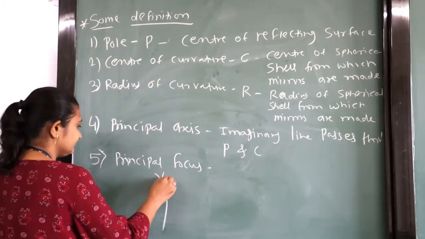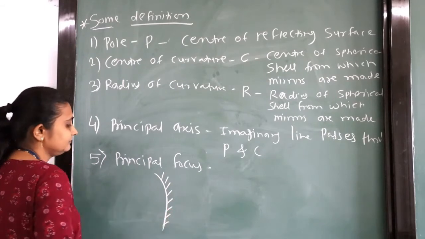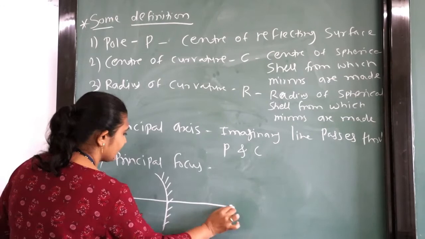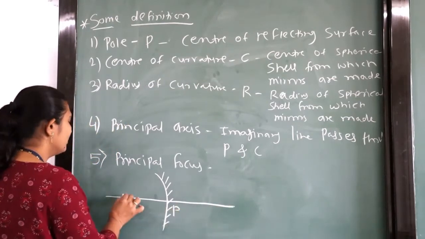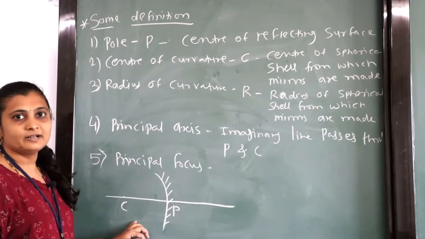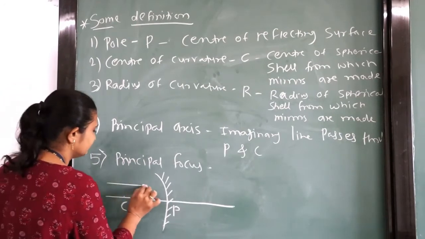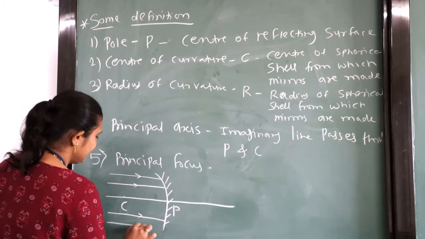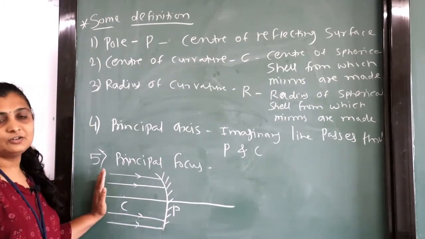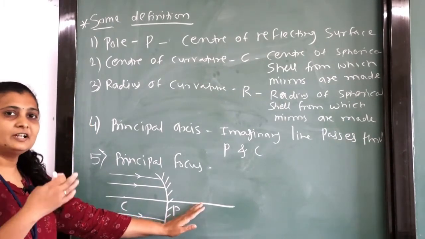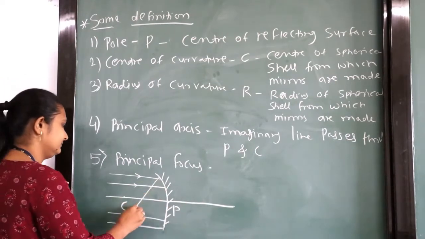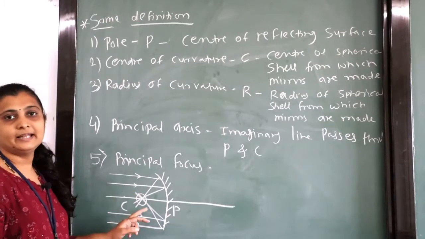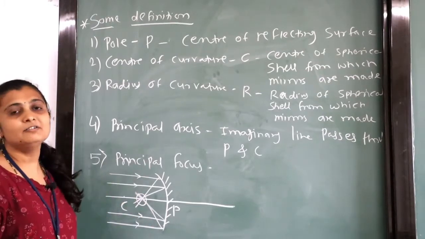Consider a concave mirror, principal axis, pole, and center of curvature. Parallel rays incident on the mirror, after reflection, meet at one point, and that point is called the principal focus.